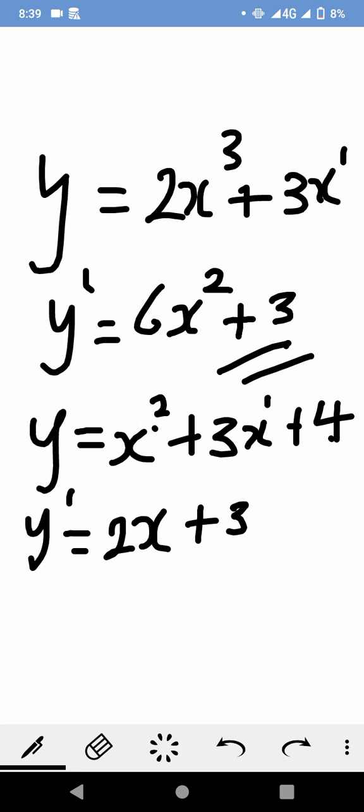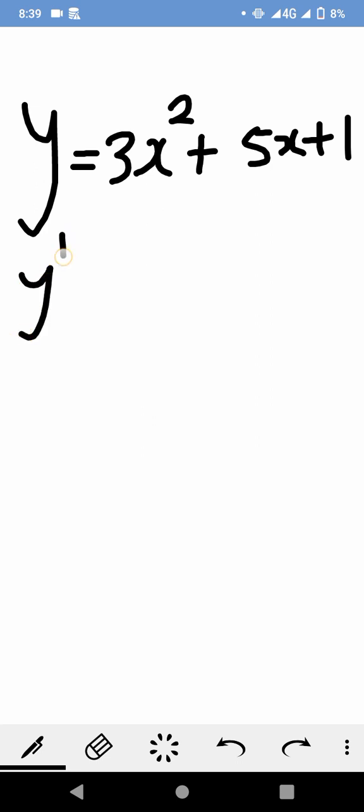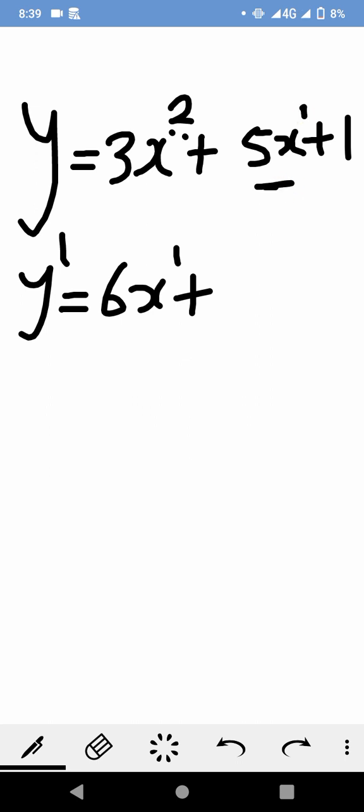Let's take another question. Let's say we have another quadratic, y equals 3x raised to power 2 plus 5x plus 1. y prime is going to be: bring down the power 2, we'll have 6, reduce the power 2 by 1, you will have 6x raised to power 1, plus, if you differentiate 5x, x is carrying power 1, so 1 times 5 will give you 5.